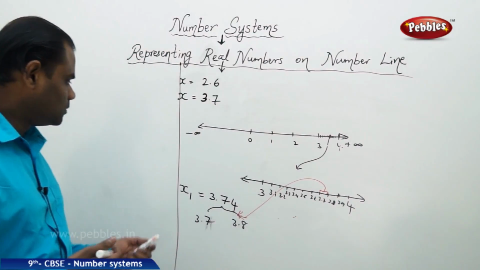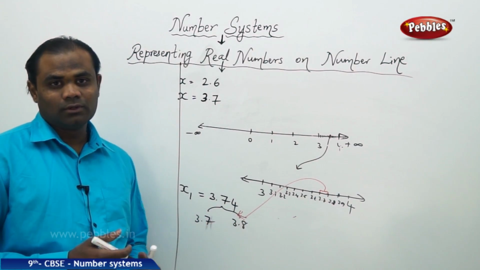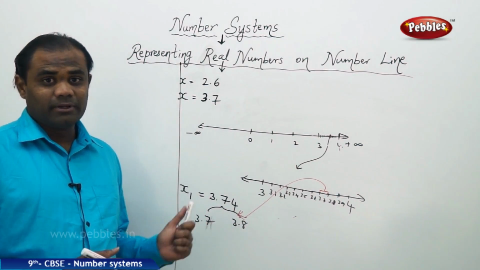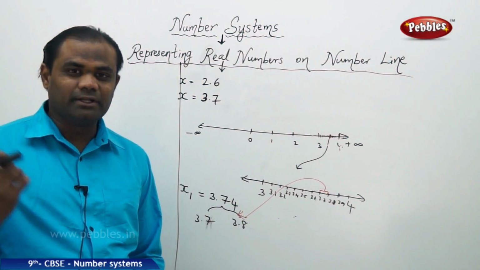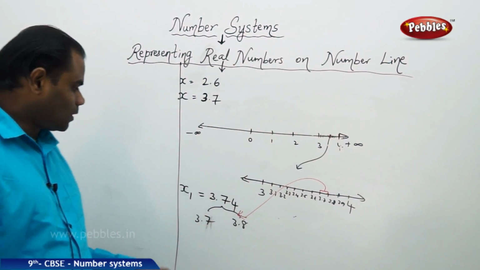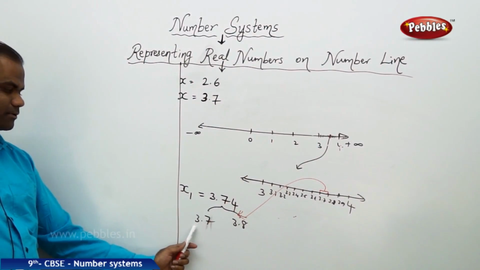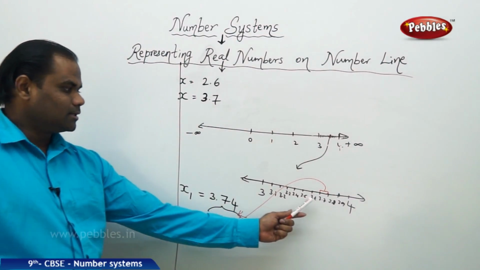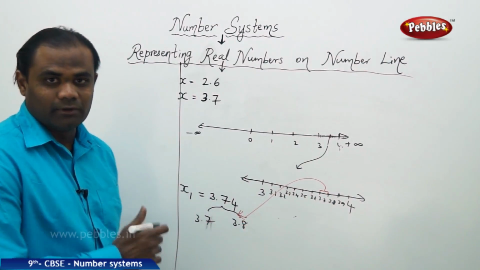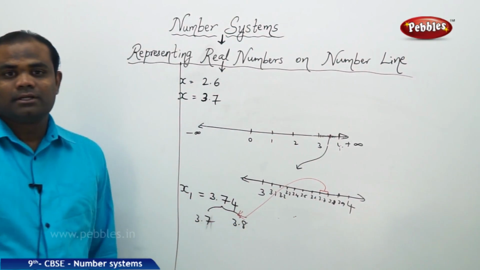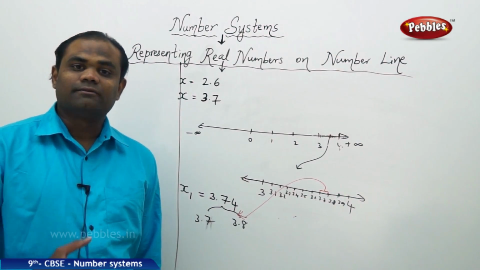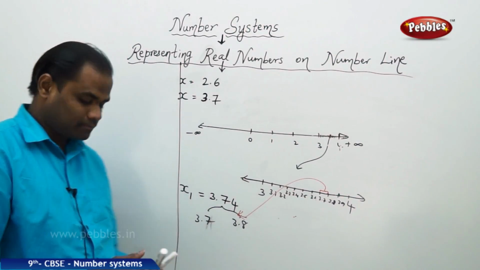Now let's see how the number 3.74, up to 2 decimal places, can be represented on the number line exactly through its subdivided interval. As we know that 3.74 lies between 3.7 and 3.8, we'll make a number line between 3.7 and 3.8 subdivided again into 10 different intervals.